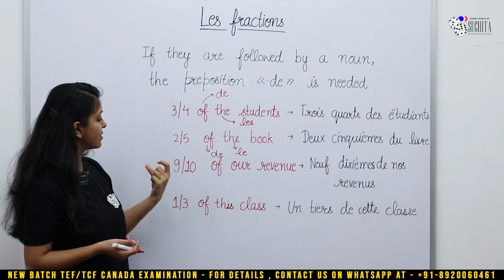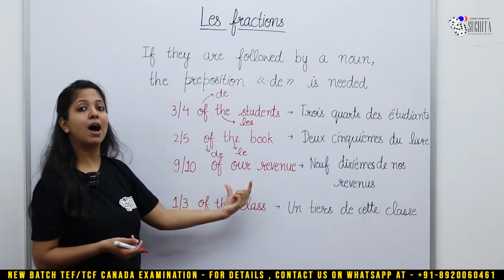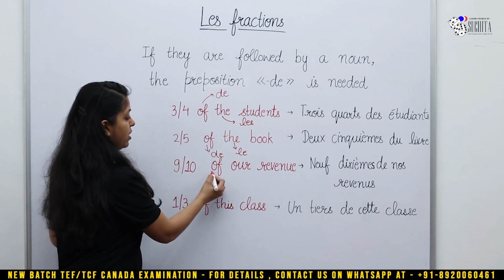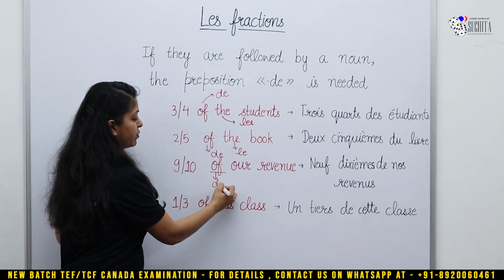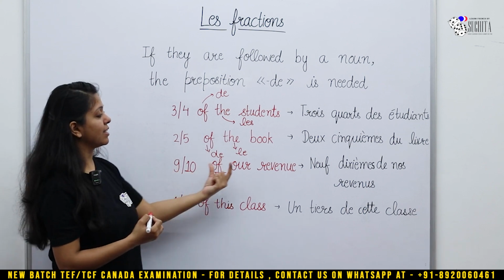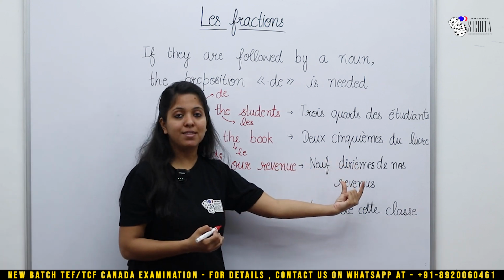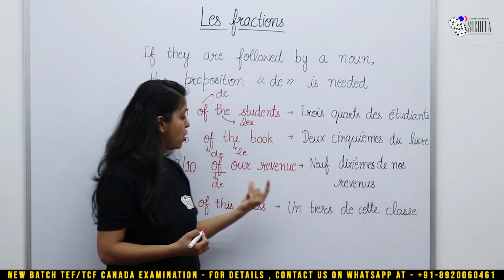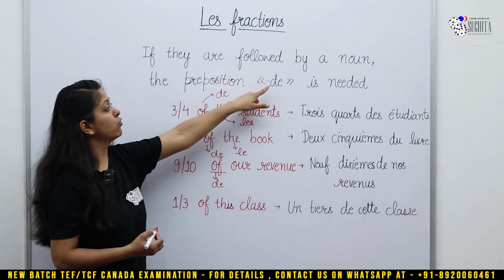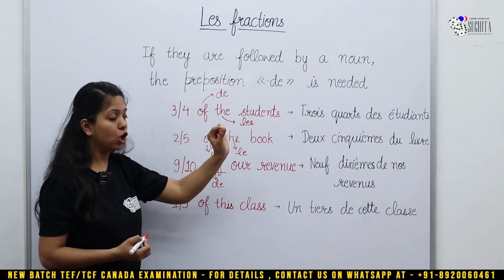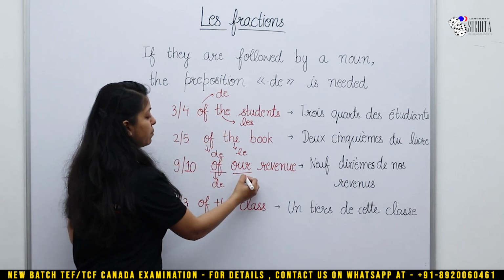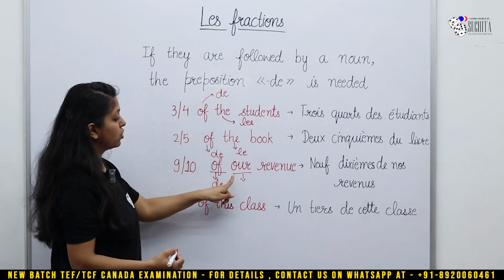Let's take the third example, 9/10 of our revenue. First let's look at 9/10, that's known as neuf dixièmes. 9/10 of, that's de, you have to follow it by the preposition de. Now this is actually your possessive adjective.